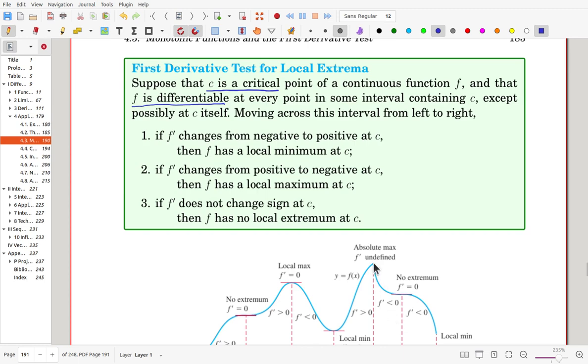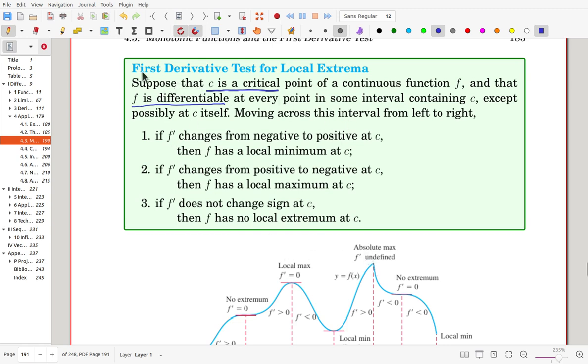This differentiability is around c, possibly except at c itself. Like in this case, if you choose this point as c, then because it's a cusp, it is a critical point. However, at the point it is not differentiable, but on the left-hand side and right-hand side you can find the derivative. Here it is positive, there the derivative is negative. But at the point, the derivative is not defined.